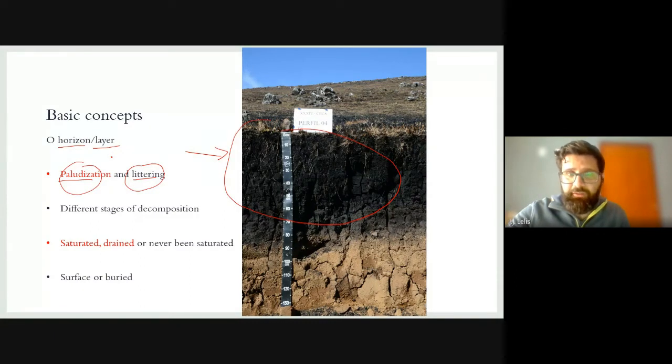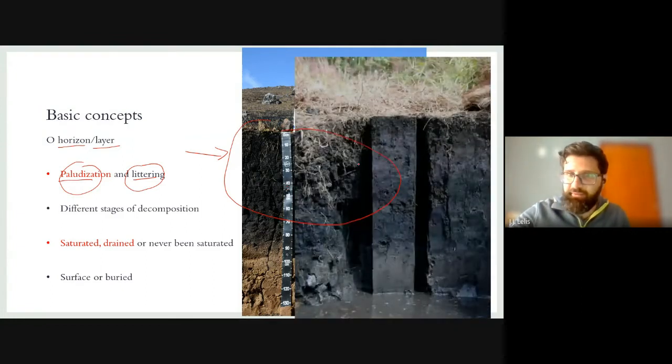According to soil taxonomy, even paludization and littering produce O horizons. So according to soil taxonomy, this is an O horizon produced by littering, and this is an O horizon produced by paludization, the accumulation of organic matter in flooded areas.